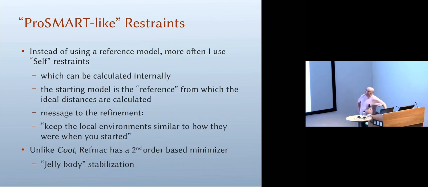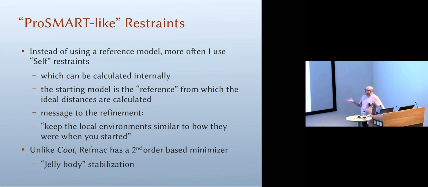So in Coot, ProSMART allows you to give a previous or pre-calculated model, a previously derived high-resolution model. In Coot, we can use similar thinking, but using self-restraints, which is to say that the starting model is the reference structure, and the distances can be used from that, so they're all exact to begin with, and then we try to fit it to the density and they get distorted to some extent.